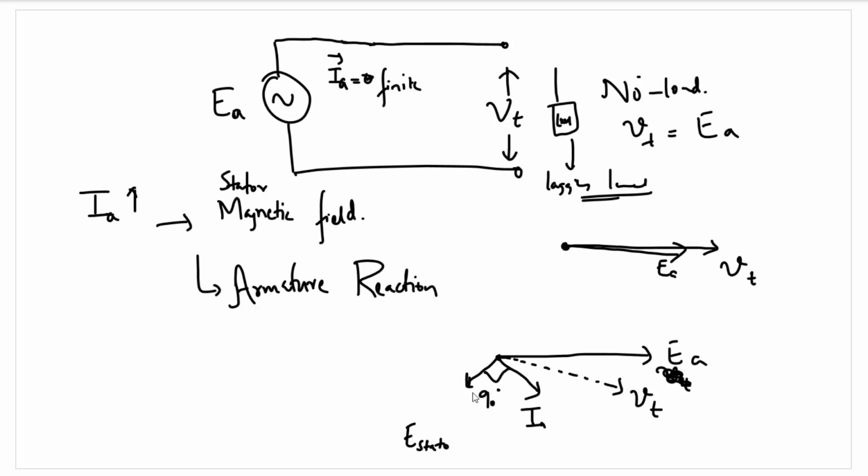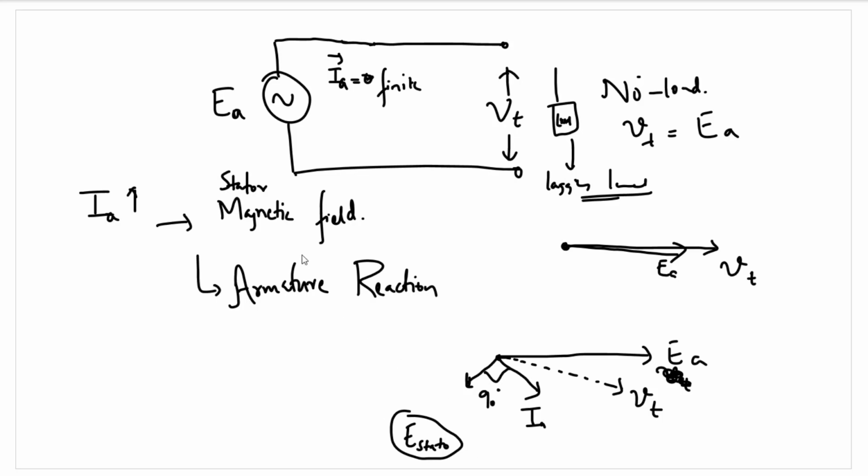So the resultant voltage in this case, that's VT, will be the summation of the vectors EA minus E stat. We can see the nature of this voltage is such that it is lagging behind the armature current by an angle of 90 degrees.